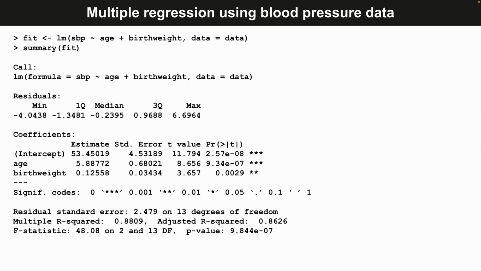The test, however, that you're doing at each of these steps when you calculate the t-value is an individual test. When you begin, your overall hypothesis is that there is no effect of any of the covariates. When I calculate for birth weight, my null is this, and similarly for age, my null is this.